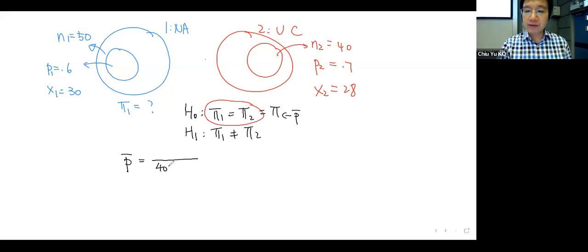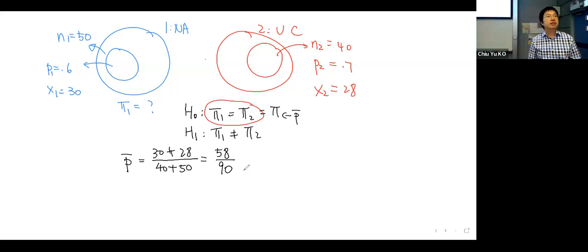We have 90 people we asked, and out of which 30 plus 28 are actually female. So that's why it's 58 over 90. That is our pooled estimate, because under the null they're the same, so we don't need to distinguish who is who.